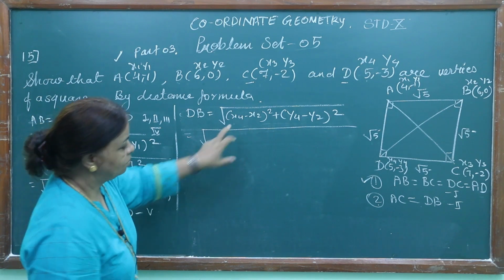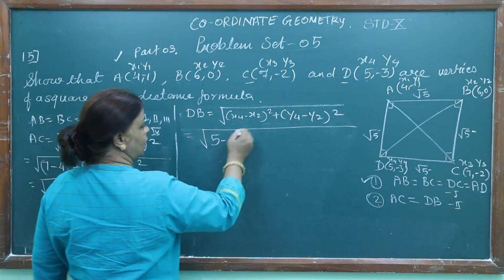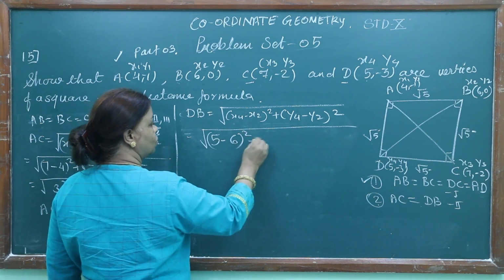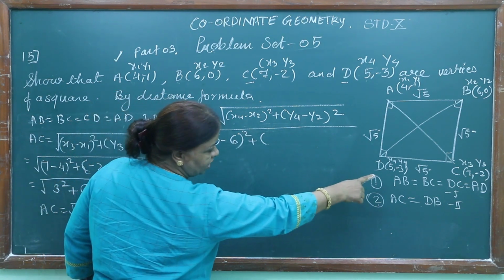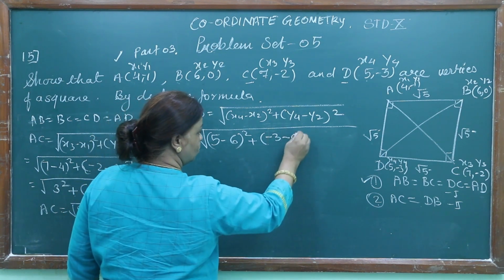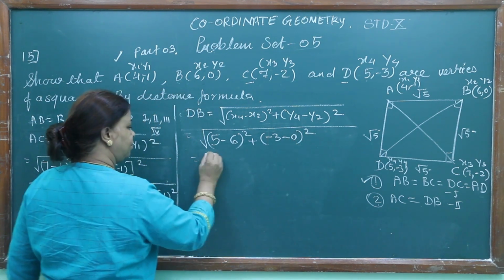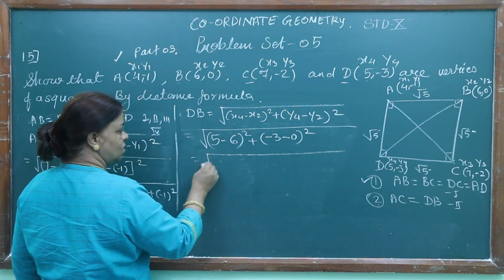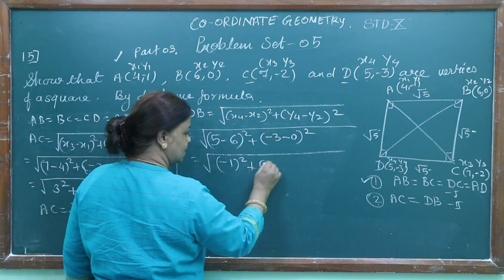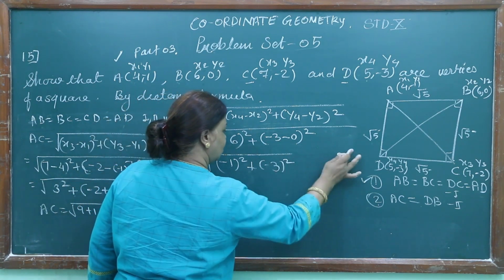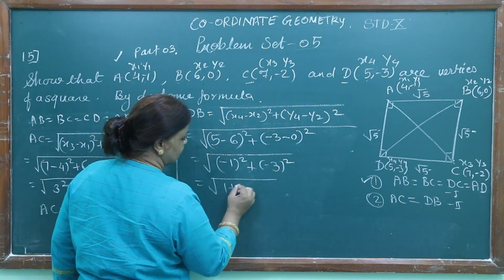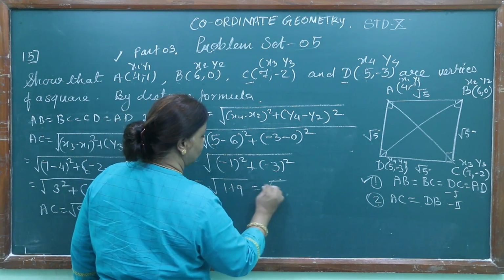x4 is 5, x2 is 6, the whole square, plus y4 is minus 3 minus y2 is 0, the whole square, under the root. Now children, 5 minus 6 is minus 1 the whole square and this is minus 3 the whole square, which will be equal to 1 plus 9, which is nothing but under root 10.